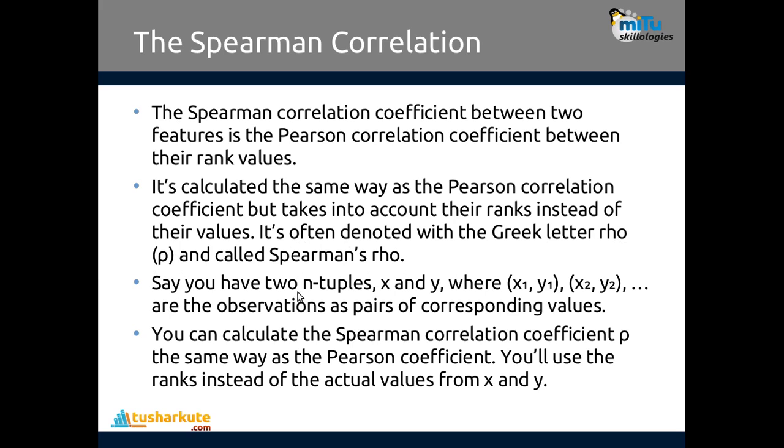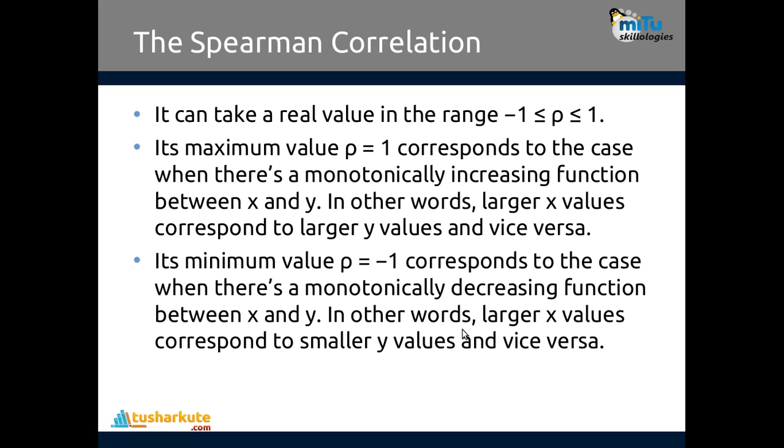So say that we have n two-tuples x and y, where x1, y1, x2, y2 and so on. Observations, pairs of corresponding values are present there. So we can calculate the Spearman correlation coefficient rho the same way as the Pearson coefficient, but using the rank instead of the actual values from x and y. See, it can take real values in the range -1 to +1, where the maximum value of rho, 1, corresponds to the case where a monotonically increasing function is there between x and y.